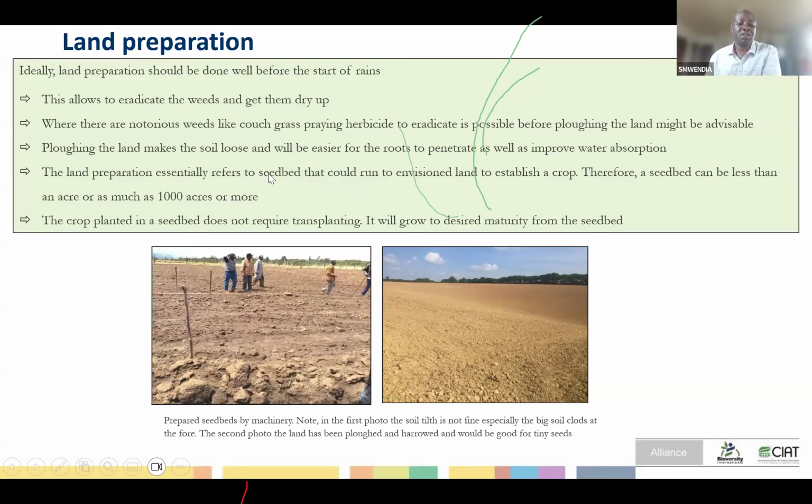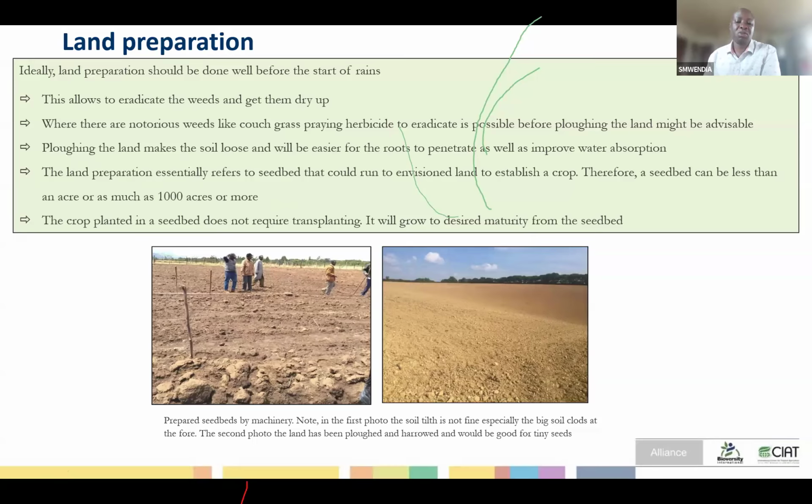And one key thing for the pasture grasses is that the seeds are usually tiny. If you think of maize seed or bean, the seeds coming from the grasses are usually tiny. And if you don't have a fine soil tilth, it can be a challenge to have proper seed soil contact, and you may end up having low establishment because of such.